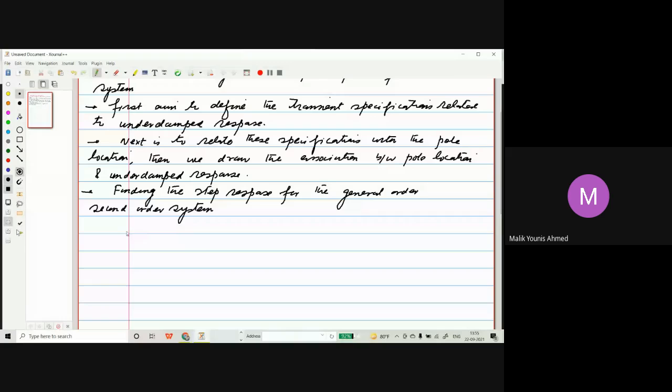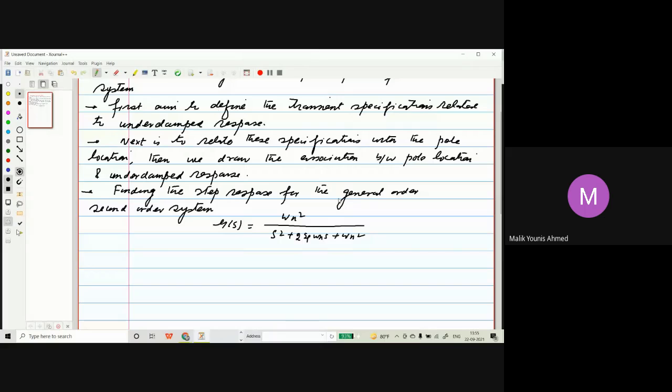So let us begin. We have the general second order system as omega n square divided by s square plus 2 xi omega n s plus omega n square. That we know.